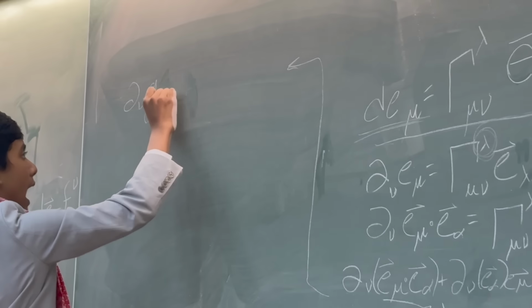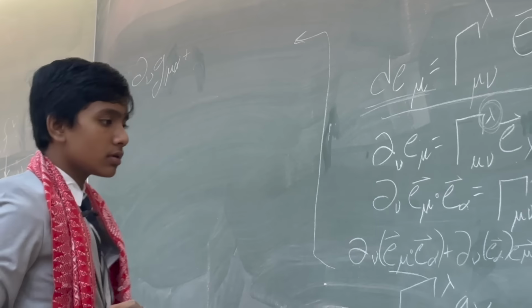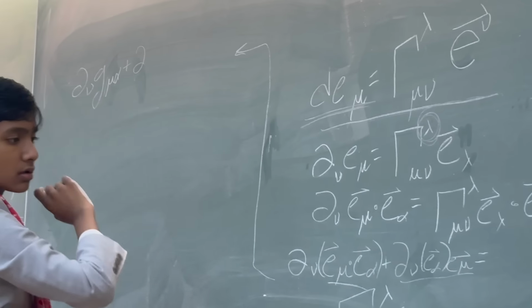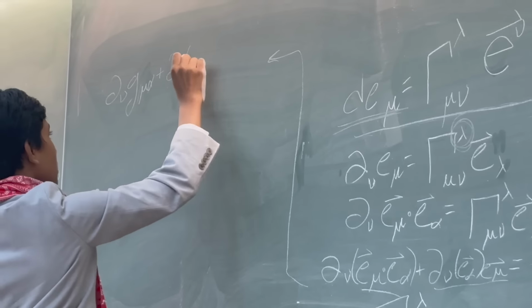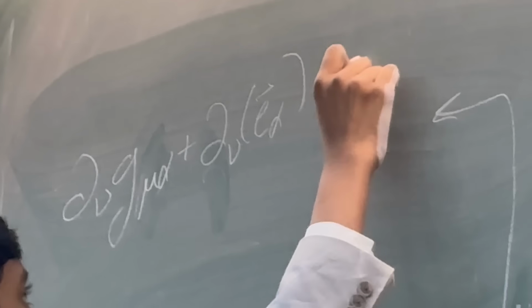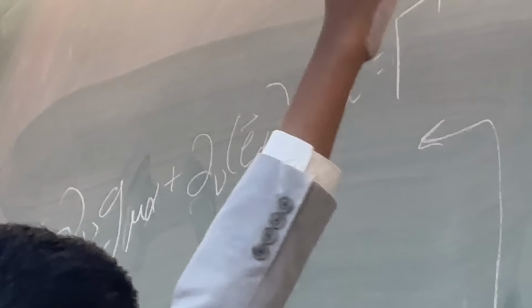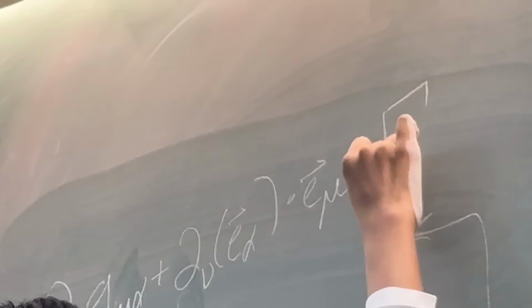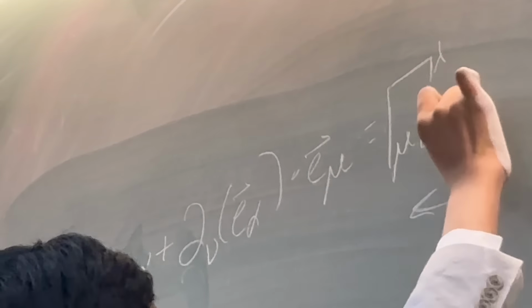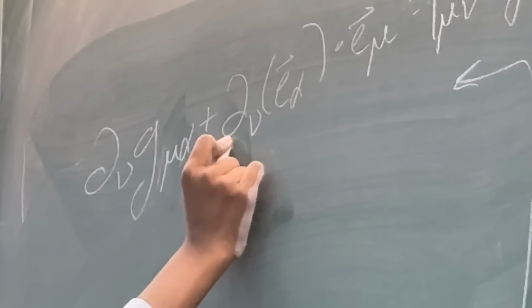This is, of course, the metric alpha, and we add that to this. And this is equal to lambda alpha.